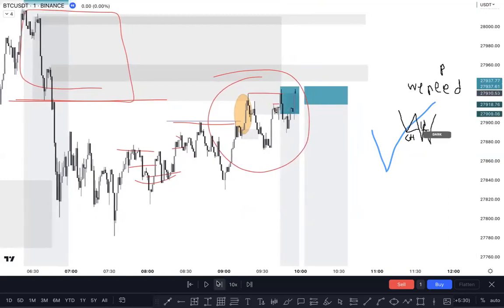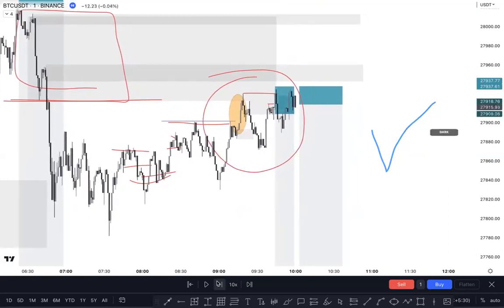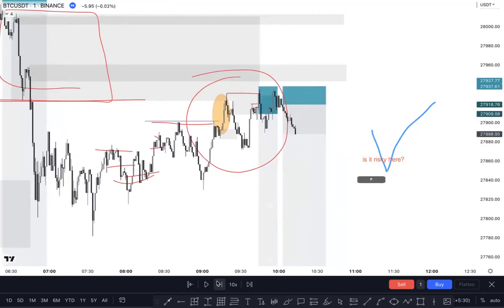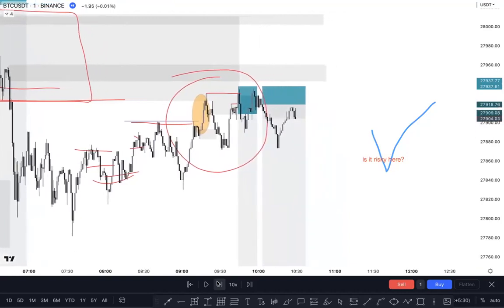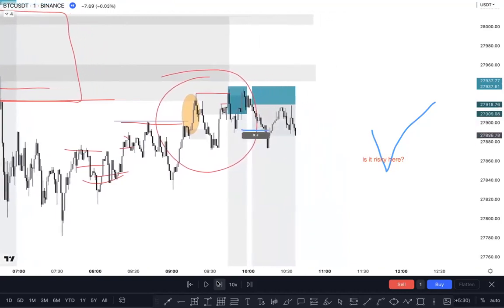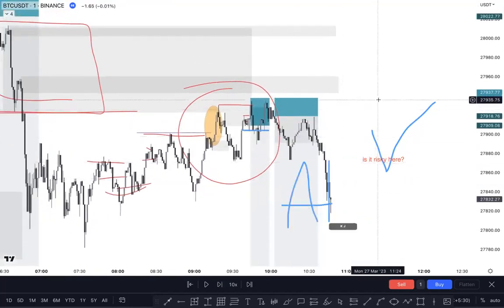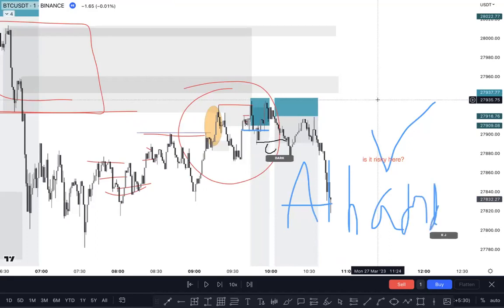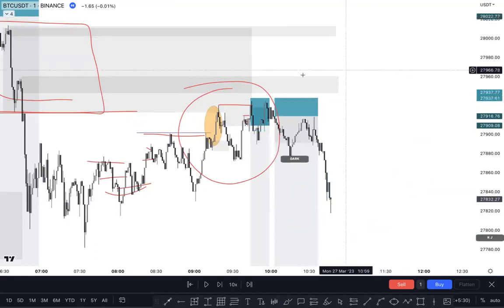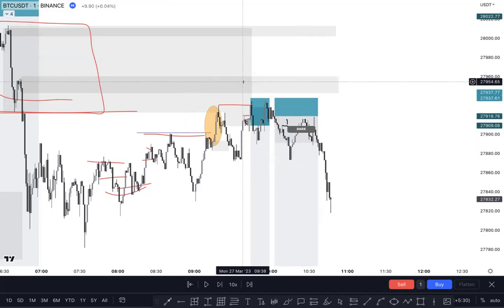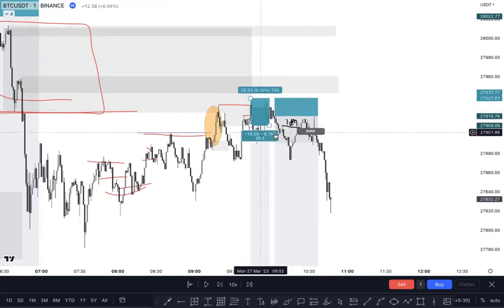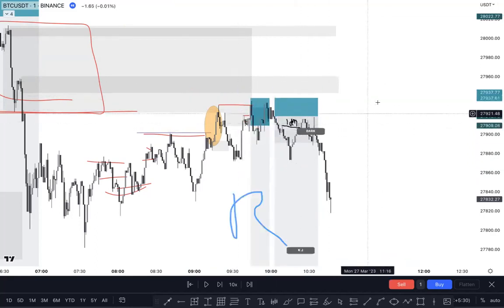Okay, let's see. Okay, mitigation. Okay, all right. So any possible entry was here.